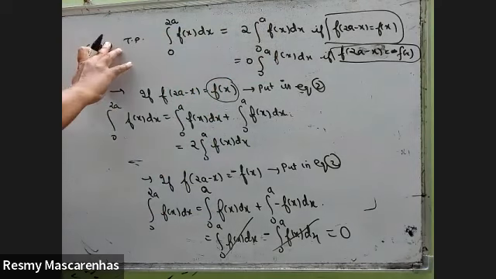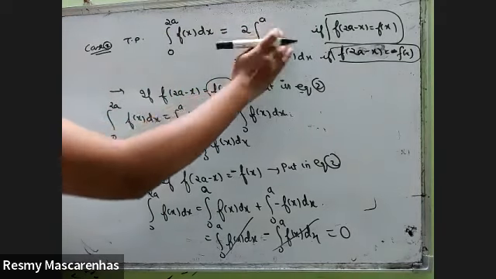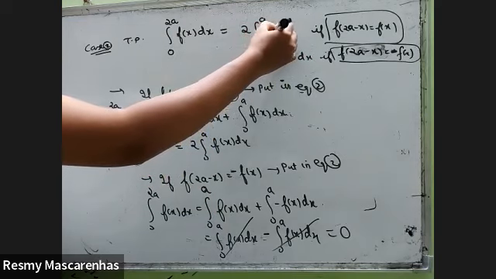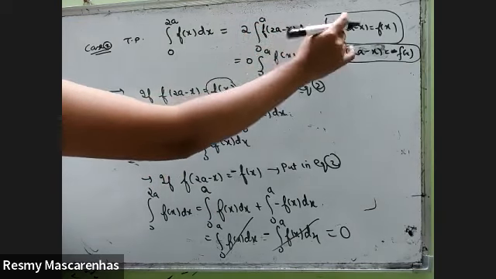Now the case 2, the third part. If you have to prove 2 times f of 2a minus x dx, if this is given the other way around.